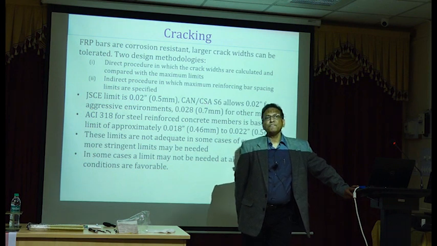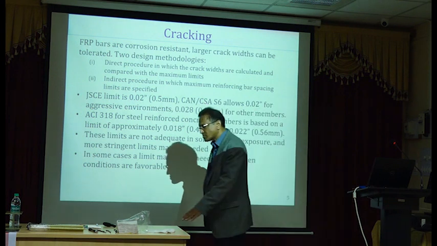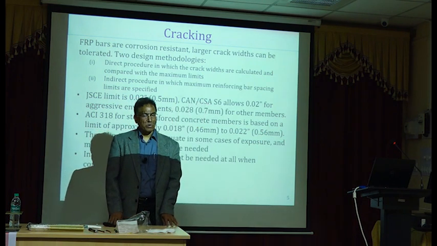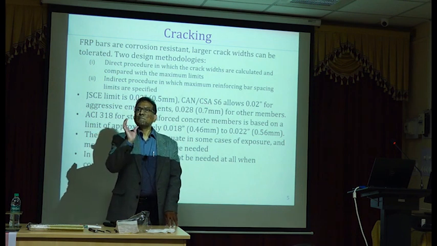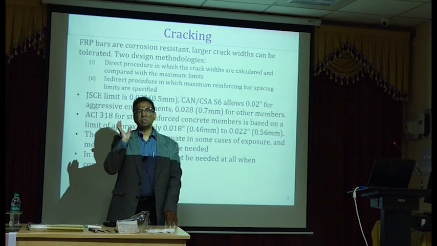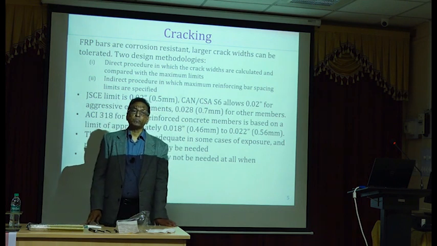But in the ACI code, they are actually not asking you to calculate the crack widths anymore. What they are saying is they are specifying bar spacing. They are saying don't place your bars at spacing greater than the maximum allowed for crack control.